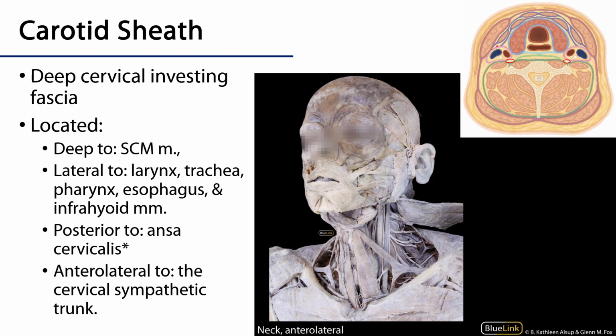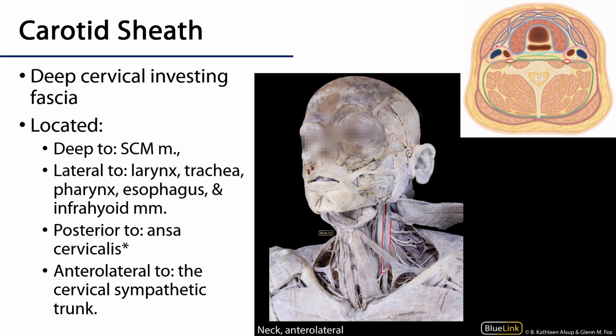The limbs of the ansa cervicalis are sometimes embedded in the sheath, and sometimes they're a little anterolateral. On this photograph, we can see there's the anterior limb of ansa descending, and then there's the posterior limb of ansa cervicalis.